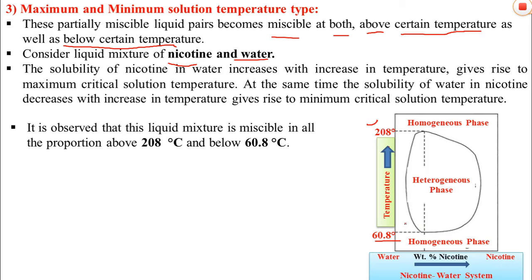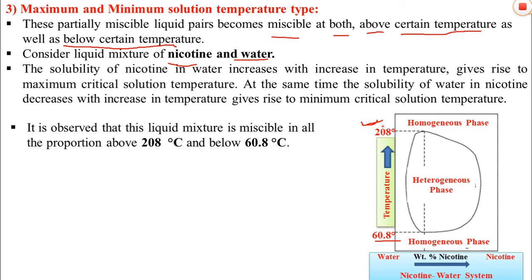It is observed here that up to 60.8 degrees Celsius the solubility of nicotine in water increases, and from 60.8 degrees Celsius the solubility of nicotine in water decreases up to 208 degrees Celsius.